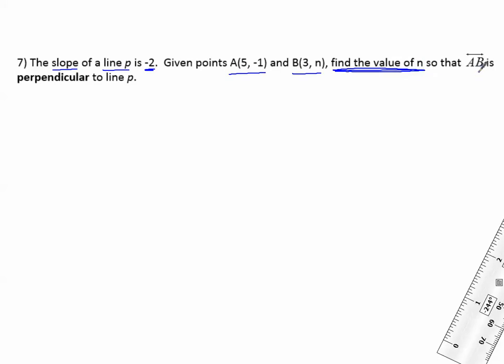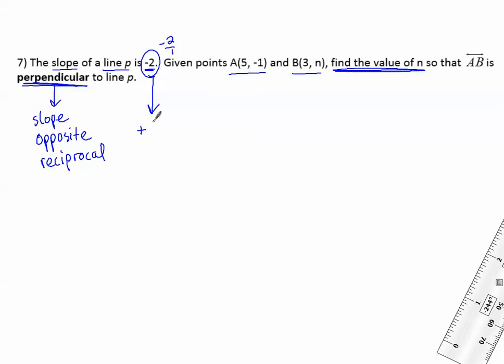So that line AB is perpendicular to line P. Perpendicular, remember that means the slope is the opposite reciprocal. So if the slope of line P is -2, the slope of our perpendicular line is positive. Remember that -2 is like -2 over 1, so ours is positive 1 over 2.